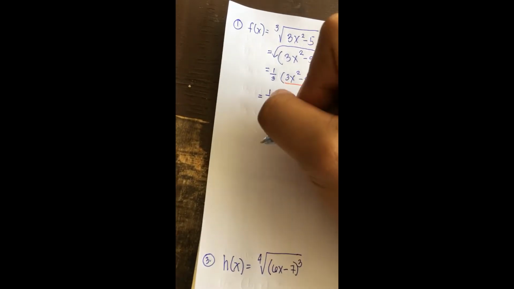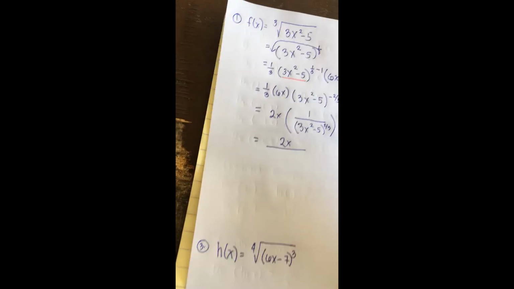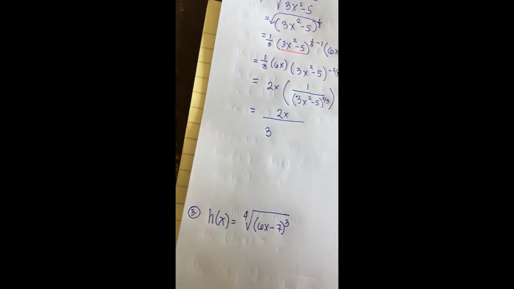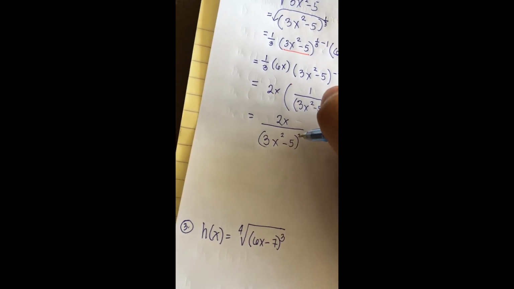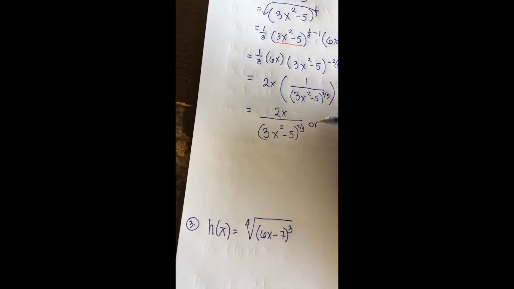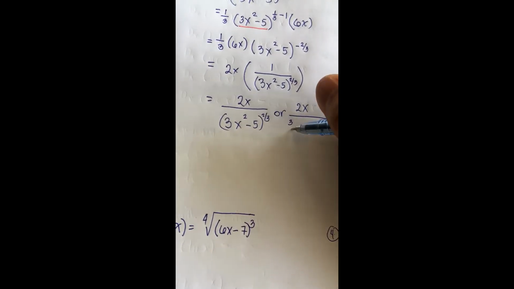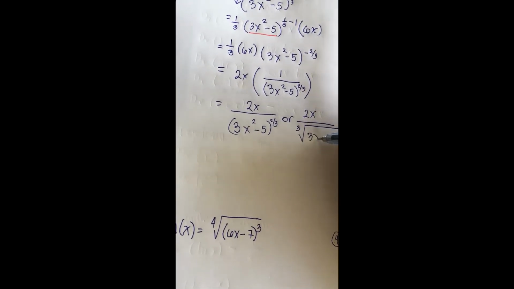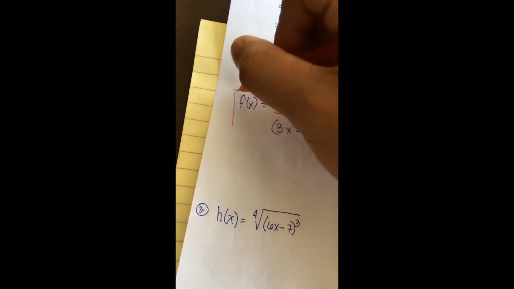Multiply. So you will now have the derivative 2x over 3x squared minus 5 raised to 2/3, or 2x over the cube root of 3x squared minus 5 raised to 2. And that is now the derivative of your f of x.